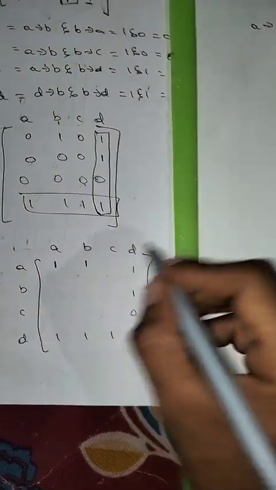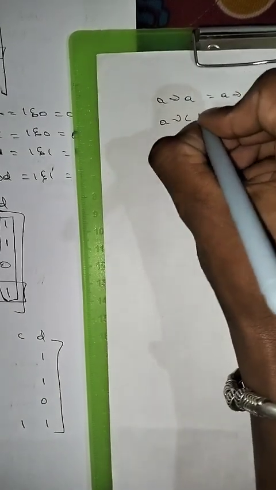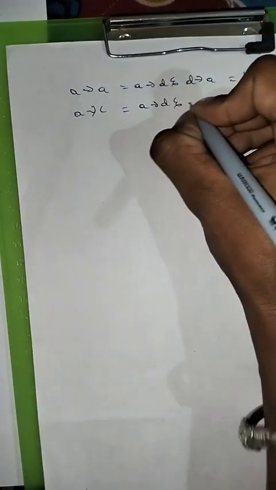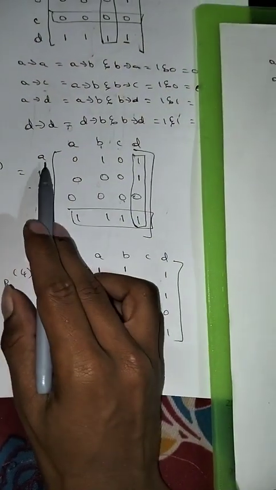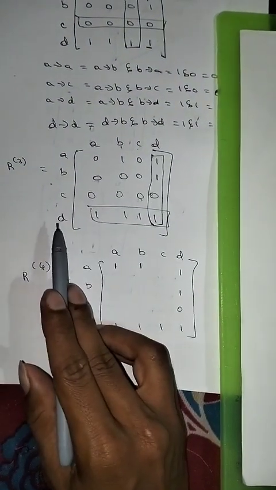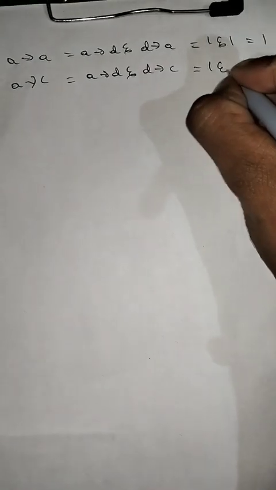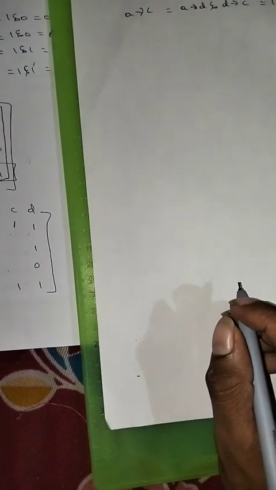Next, A to C. In A to C, we write A to D and D to C. Since A to D is 1 and D to C is also 1, we write 1 and 1, that is 1. So it is 1.